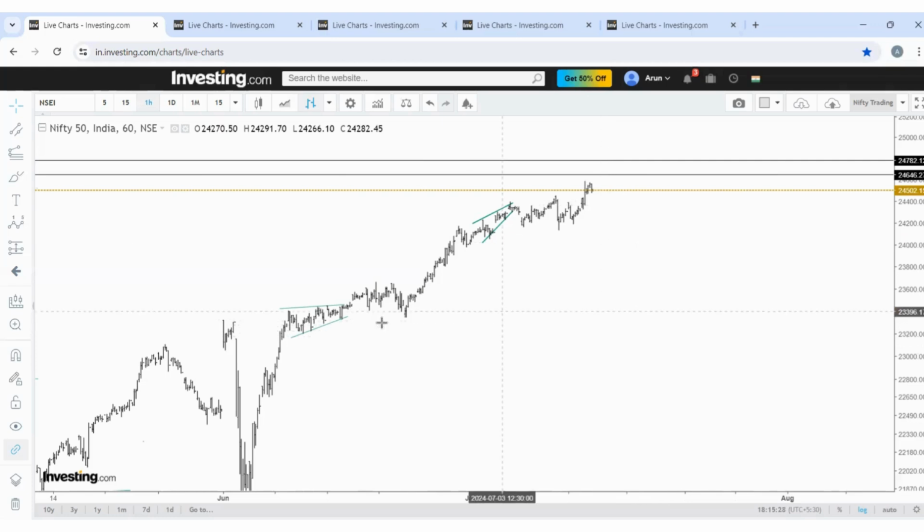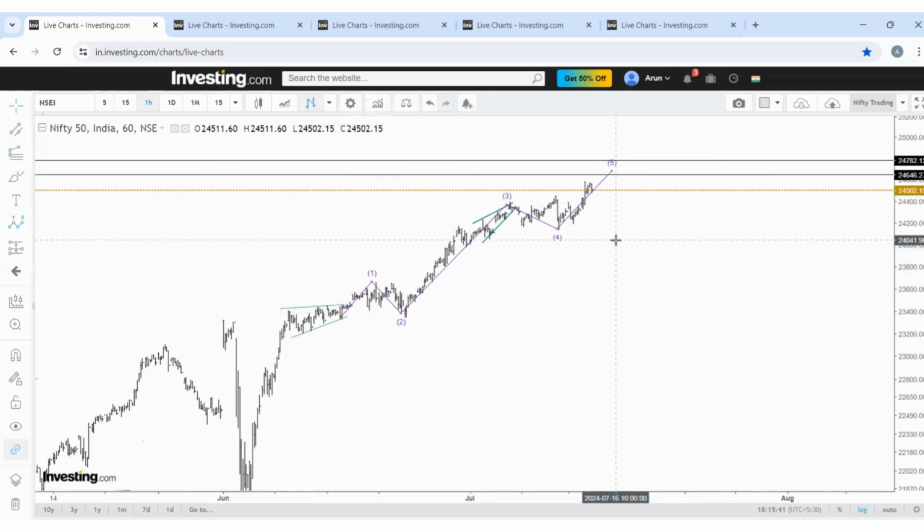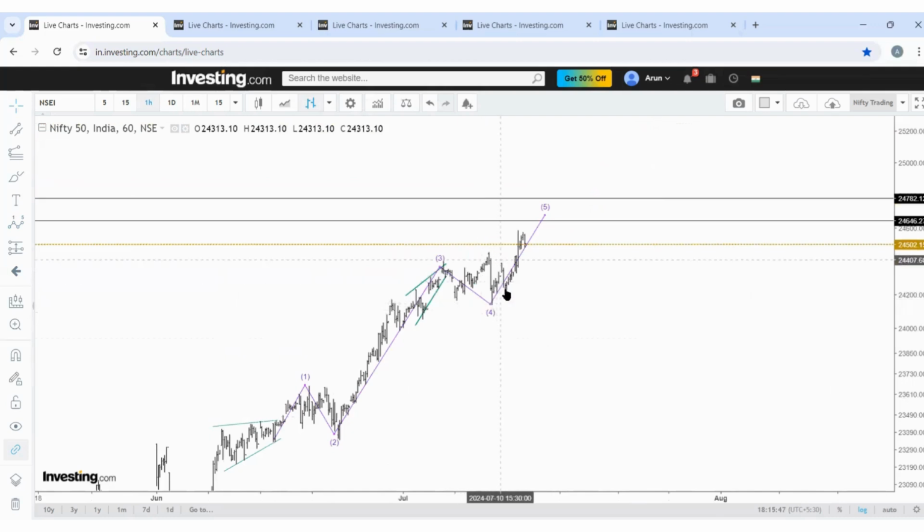Please understand, this is 1, 2. Let me put the numbers 1, 2, 3, 4, 5. All impulse waves should have 5 subwaves. Here I cannot find 5 subwaves from this low, only 1, 2, 3. So there is a higher chance of one more high. But the question is whether subwave 3 ended here, or subwave 3 will end at 24,650.